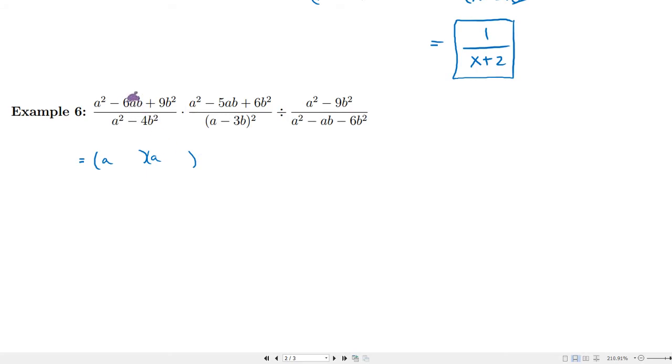So how will we get that to get a minus here? So probably going to have a minus for that to work out. And 3b should work, right? So that product will be positive 9b squared, but then this will be minus 6ab. So that looks good. What about this one?